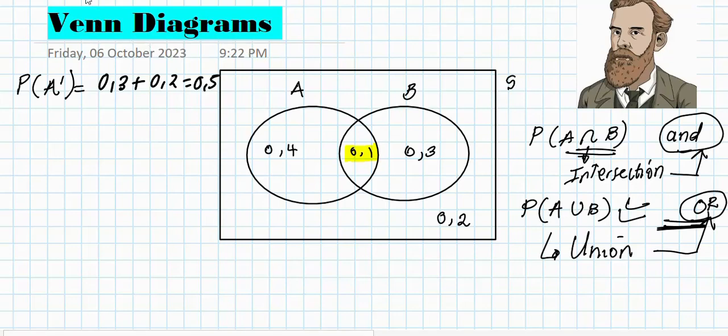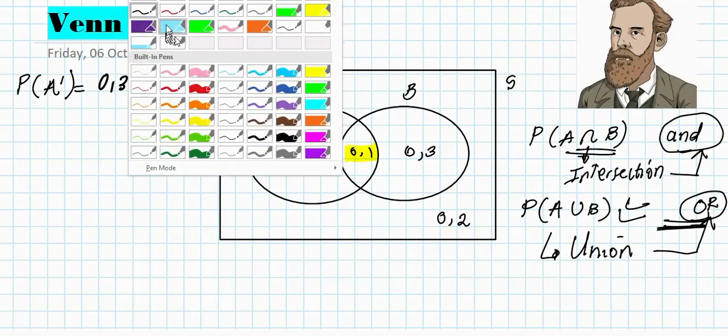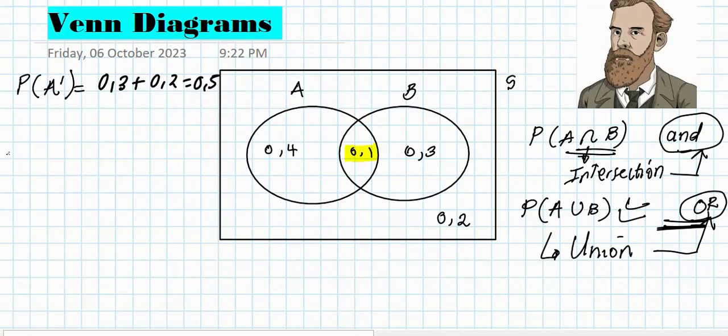Right? So now, another question might be, let's raise it up a bit so it becomes more challenging. They might ask you to give us the complement of A union B. Now, that's a combination of two events, which means what they want from you is the probability of the complement of A, or the probability of B. Remember, when we say or, we are talking about the union.